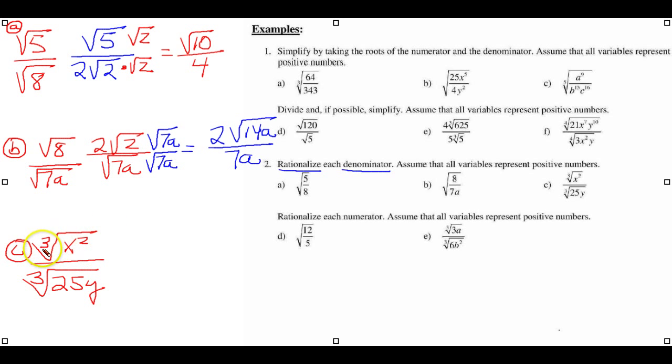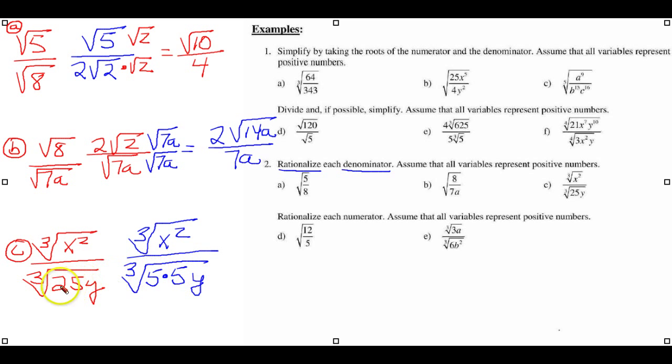Okay, now for this one, here we're dealing with third root. So the top, I think, stays the same. The third root of x squared. But the bottom, to help us out a little bit, that's going to be the third root of 5 times 5y.